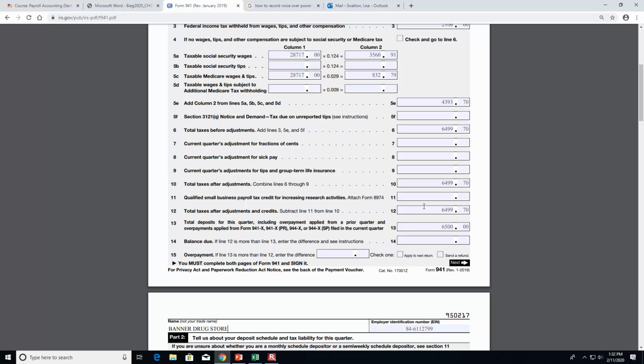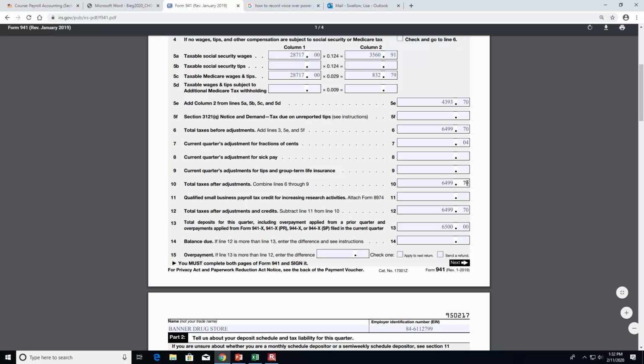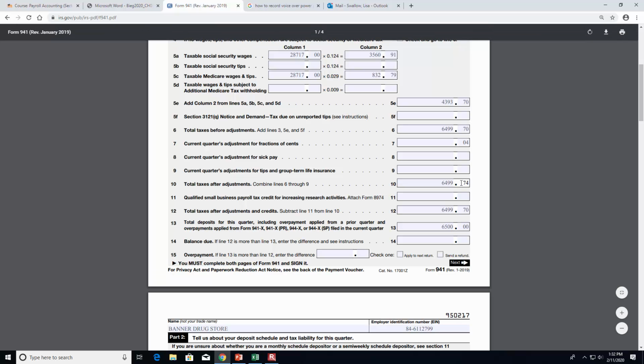You can put minus or plus 0.04 in there and then change the numbers below it. Let me give you 2 options. That's what the book shows you to do. So they would go in and do this, and then that would change all these, and it's all happy, right?